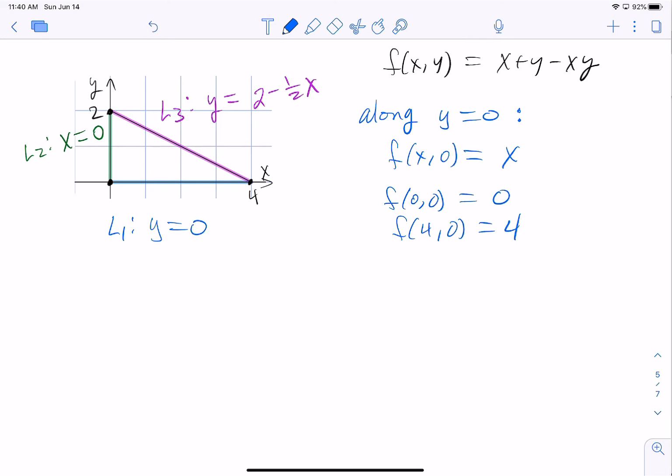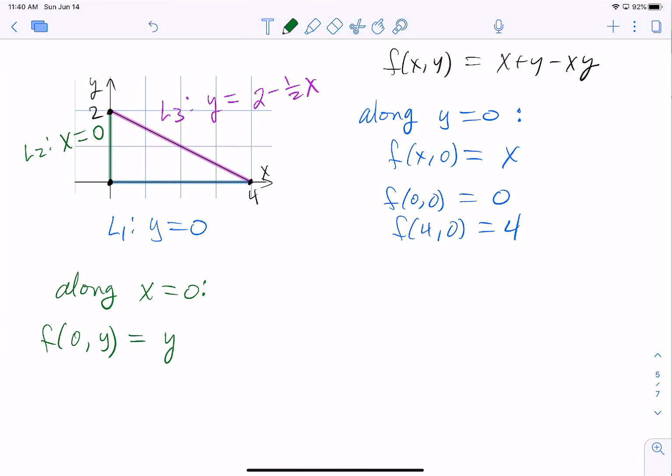Now we set that aside and we're going to turn our attention to what's going on along x equals 0. I'm doing this in this order, but it'll make a little more sense when we get to L3, so just sit tight. Along x equals 0, we're looking at the function f of 0, y, replacing x by 0.